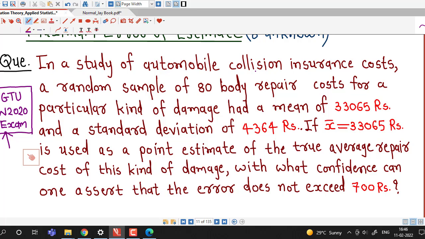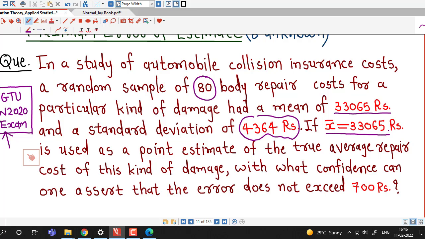In a study of automobile collision insurance costs, a random sample of 80 body repair costs for a particular kind of damage had a mean of 33065 rupees and a standard deviation of 4364 rupees.